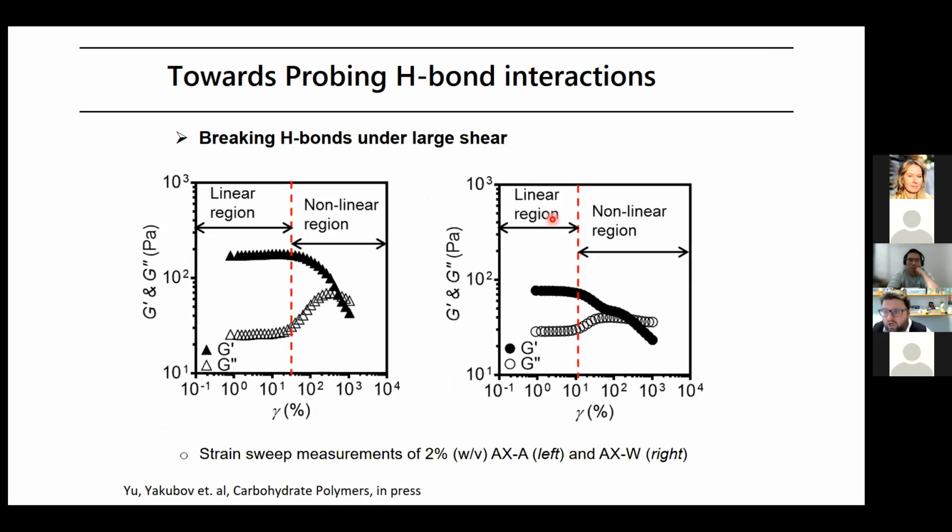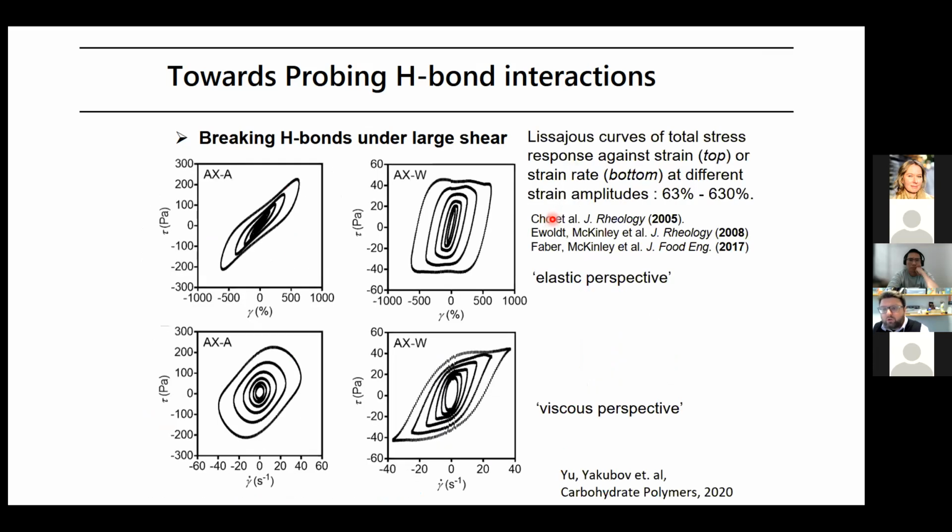And we have also got additional information from the large amplitude oscillatory shear measurements. You can plot the Lissajous plots and look at the evolution of these links under the condition of stress or rate. And you realize that these are temporary physical crosslinks that have a specific characteristic breakage and reformation time.